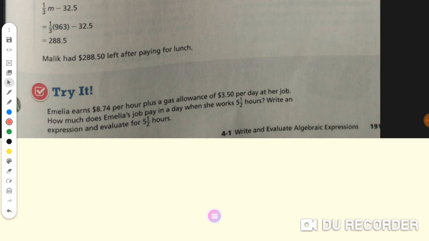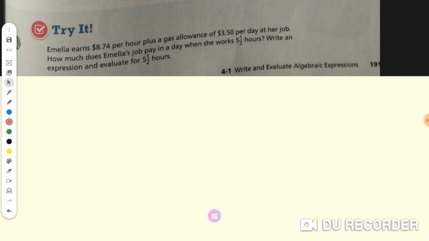Amelia earns per hour this amount of money, plus a gas allowance of 3.5 per day. So this is per hour and this is per day.